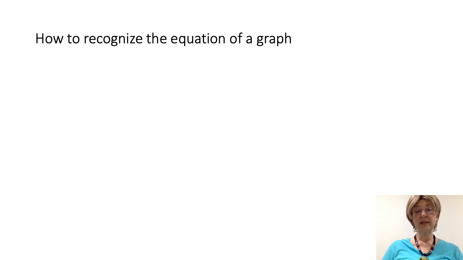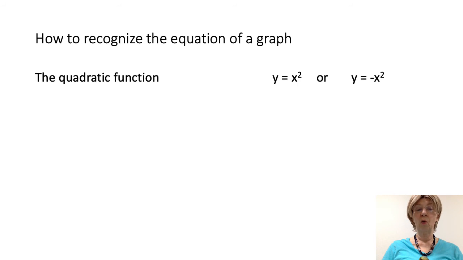How to recognize the equation of a graph. For the quadratic function, you are looking for y equals x squared or y equals minus x squared. There might be a number before x squared. But no matter what else is in the equation, if you have y equals x squared or y equals minus x squared, even with a number there, that's a quadratic equation.